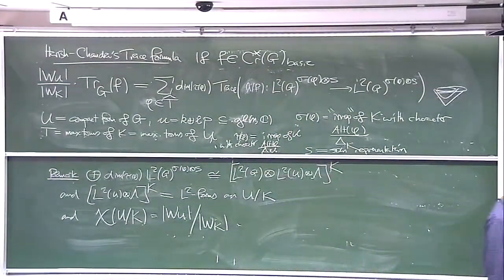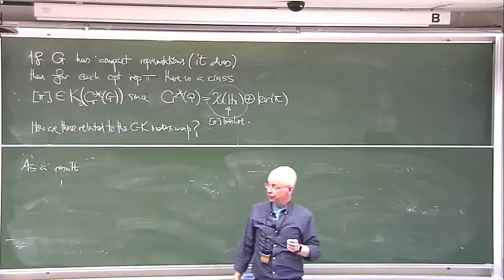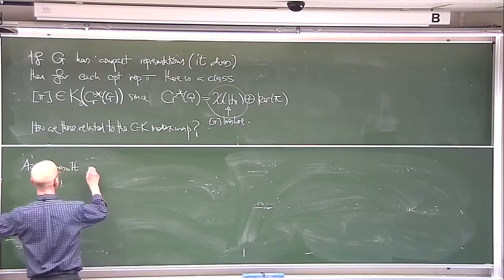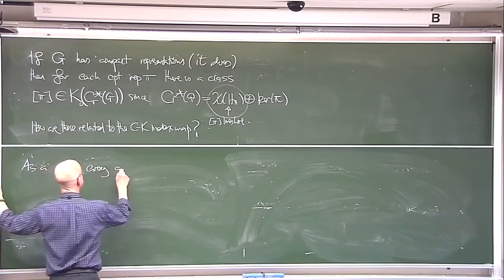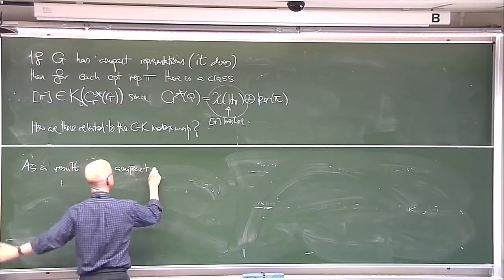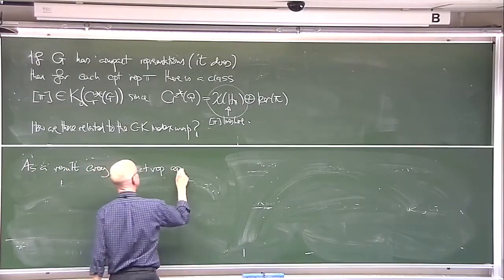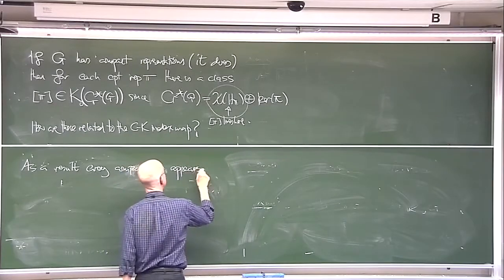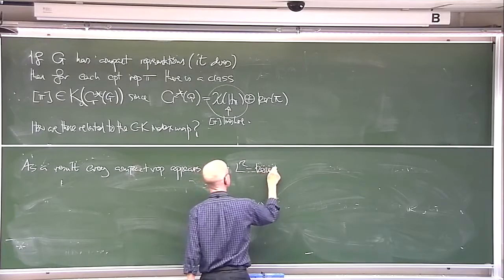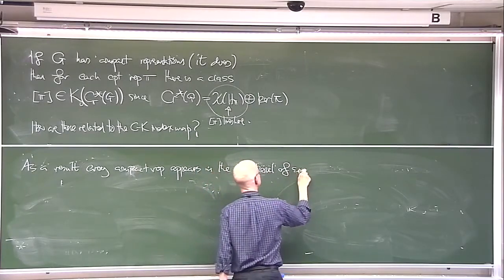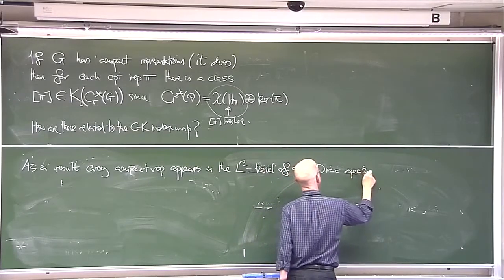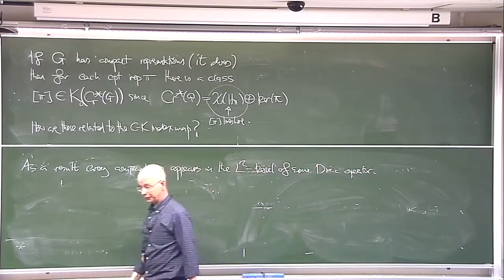And this formula tells us something very interesting when you reinterpret it in Dirac operator terms. Every compact representation, every discrete series, in other words, appears in the L2 kernel of some Dirac operator of the sort we were discussing before.